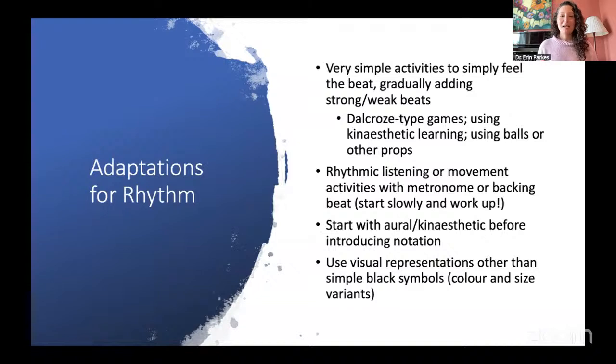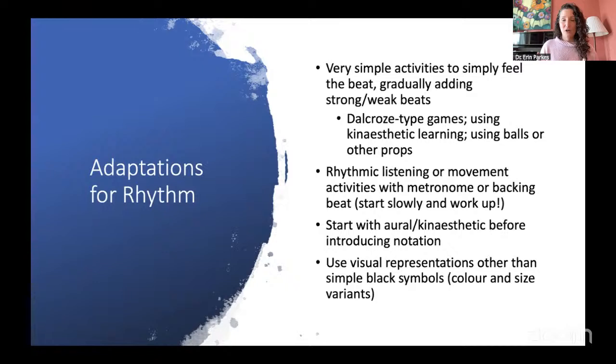That's okay. Remembering to start slowly and work up from there because, with people with auditory processing disorder in particular, they can have difficulty processing the beat when it's closer together, when it's happening faster.